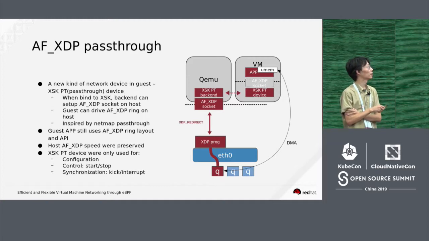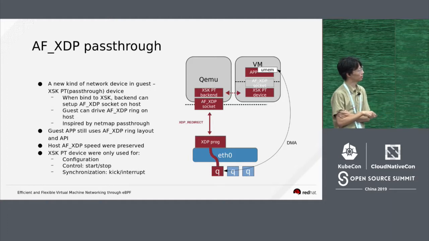And we are thinking about how to make good use of AF_XDP. We put forward this AF_XDP passthrough. It was borrowed from the netmap passthrough, which is about how to let the virtual machine control the host. We introduced the ASKPT device.